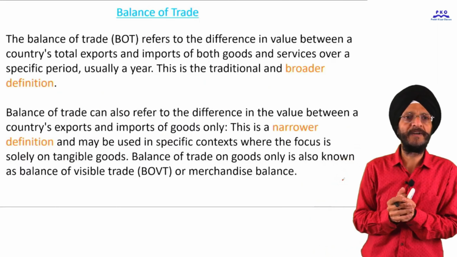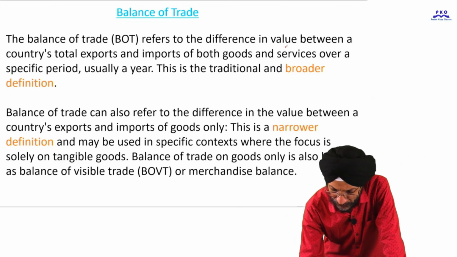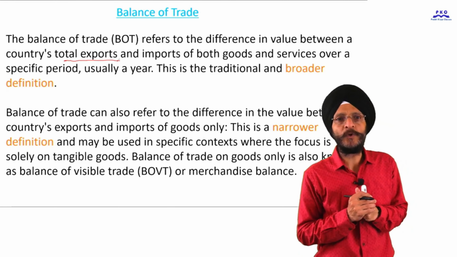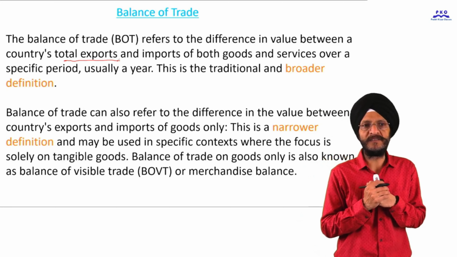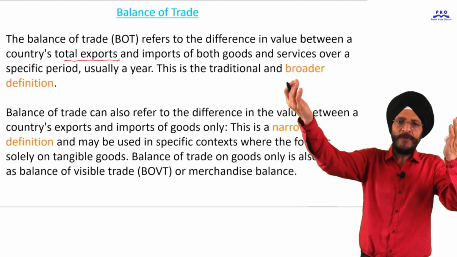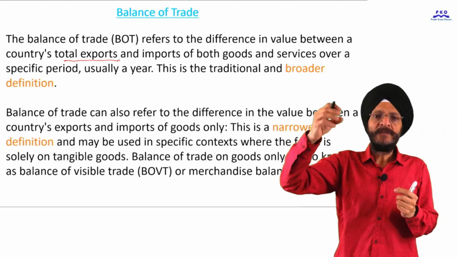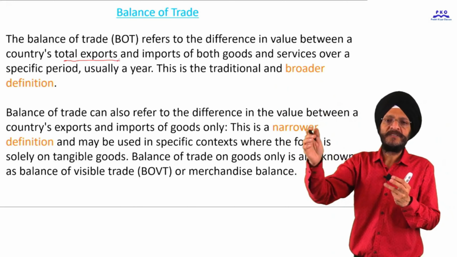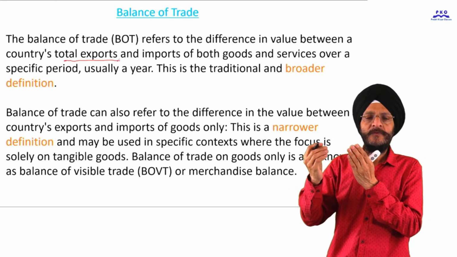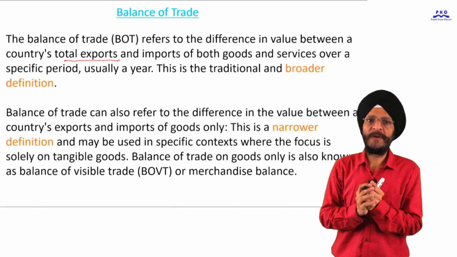Now we will read what is written. Balance of trade refers to the difference in value between a country's total exports and imports of both goods and services over a specific period, usually a year. That is, whatever we export during one year to the rest of the world regarding goods and services, and whatever we import from the rest of the world, the difference between the two is known as balance of trade.